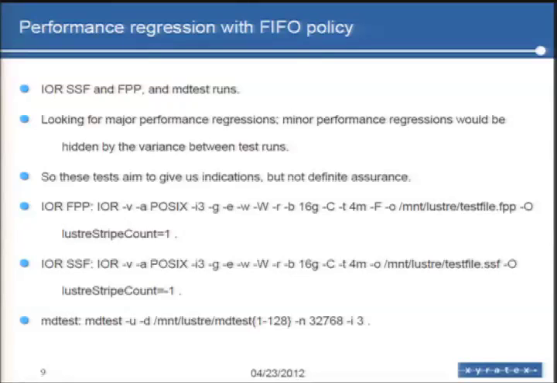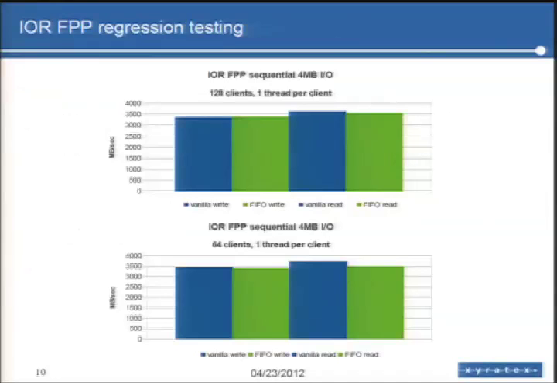So I'll move on with the results here. As you can see, for 128 and 64 clients, this is the file per process IOR test. There's little to no performance regression. Actually, the small variations you see are probably something that we cannot really directly measure, and there were some ideas by Andreas at some point that we may need a new tool for this.